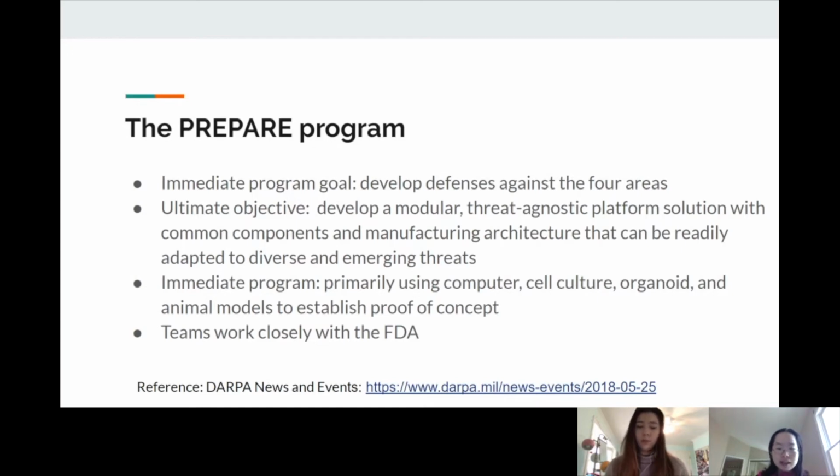So this is a step before refining the mechanism to really employ it in humans. The teams in this PREPARE program would work closely with the FDA, the Food and Drug Administration, to make sure that this would be safe for humans when it is finally established and used. And the teams would also work with bioethicists to make sure that everything they're doing is ethical.